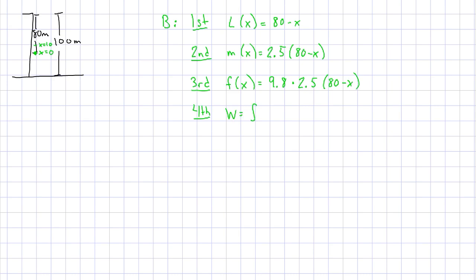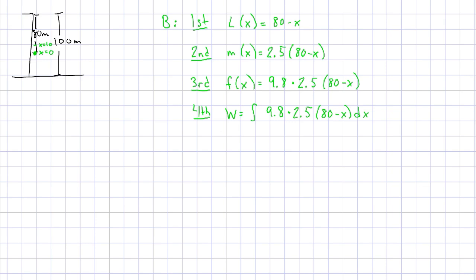When I integrate my function here, I do need to, again, pick my limits of integration. So once again, my point of reference is at the base of the rope, let's say on a kind of hovering platform. I'm standing at the base of the rope.